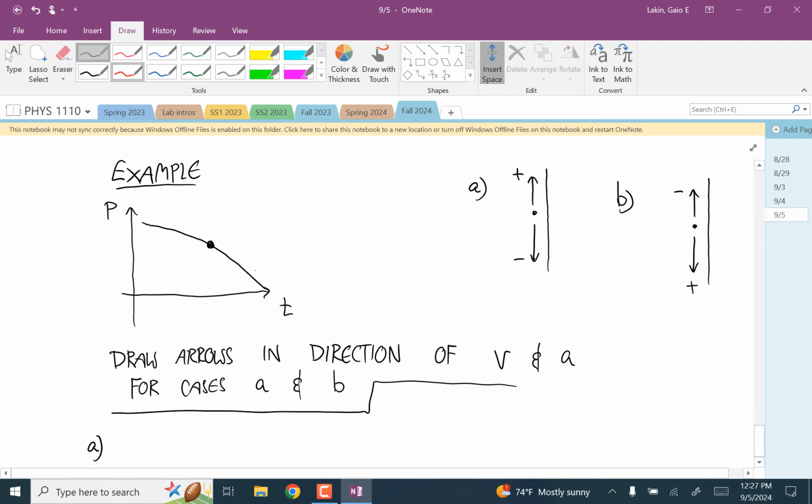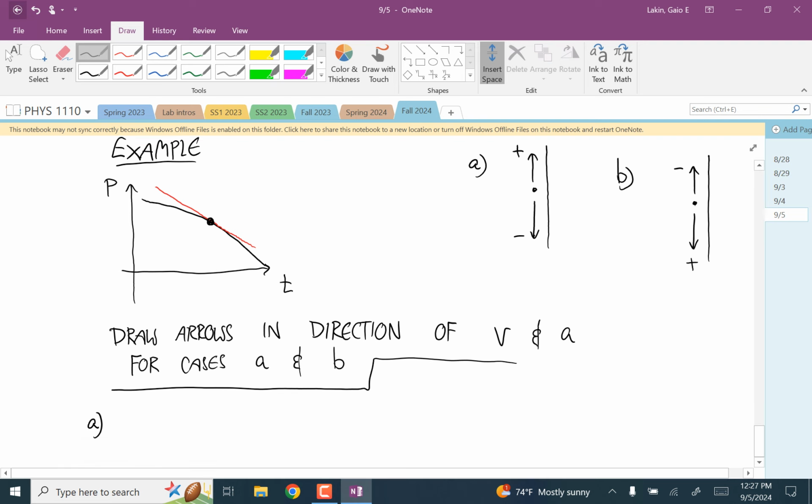So I'll start with the velocity. There's a tangent line. Does that have a positive or a negative slope? Negative. So the velocity is negative. And now, what's the concavity? Is this part of a concave up curve or a concave down curve or a line?